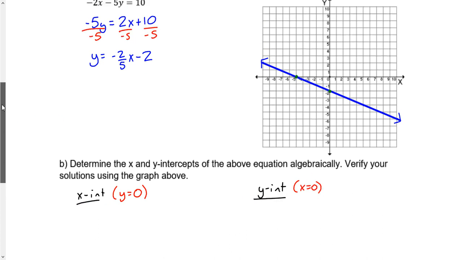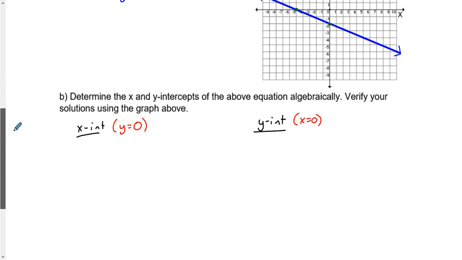So what does that mean? In the context of our question, -2x minus 5y equals 10. Wherever I see y, I'm going to put 0 in. Knowing that -5 multiplied by 0 is just 0, we don't really have that term.